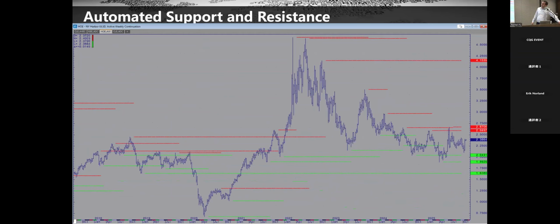And lastly, on heating oil, something that also provides a little bit of analysis. This is on a weekly time frame for this one. So it works on any time frame, but it gives some information.